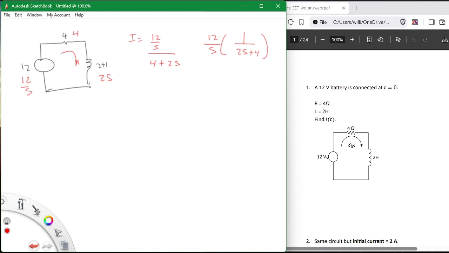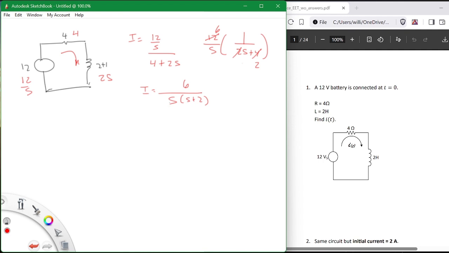So let's do some canceling. Let's do this 6 over S plus 2. So it's 6 over S times S plus 2. Now that is my I in the S domain. I parenthesis S if you want to. I refuse to do that because I don't want to get S's mixed in, so I just use I.